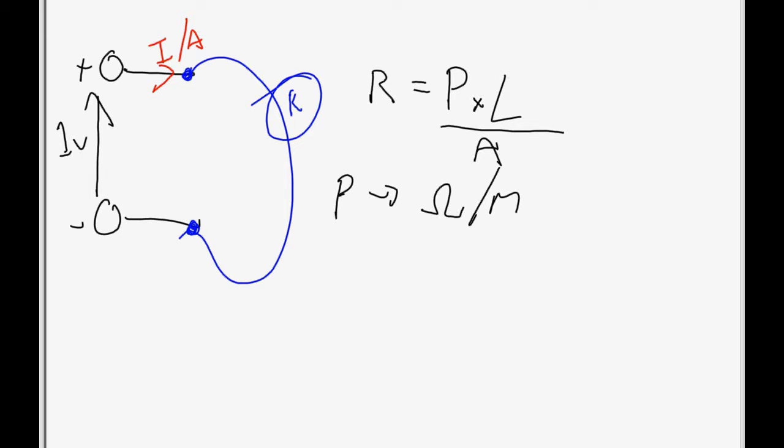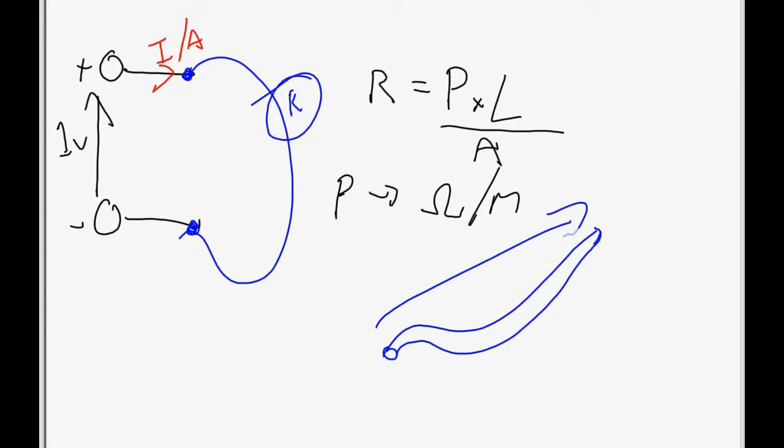So let's say this is our wire, so we've got a squiggly wire. There we go, that's our wire. L would be the length. Cross-sectional area would be the area of the face of the wire.